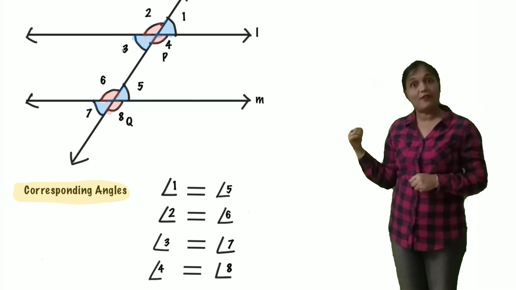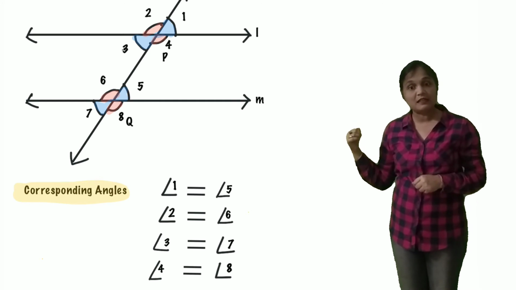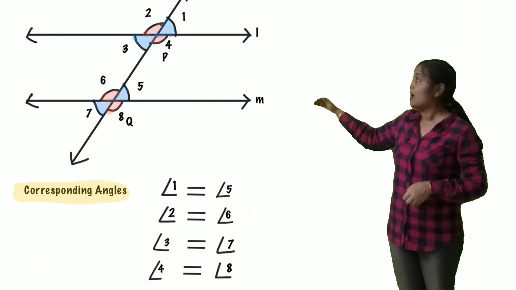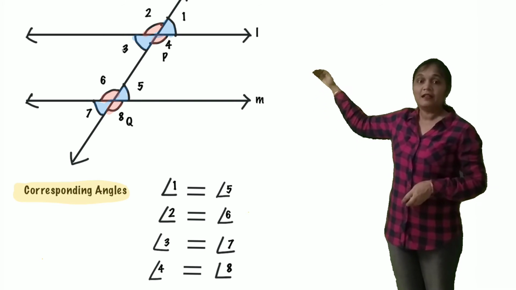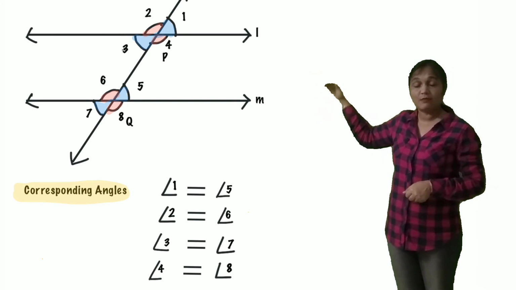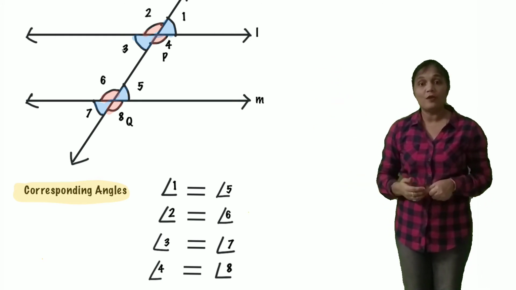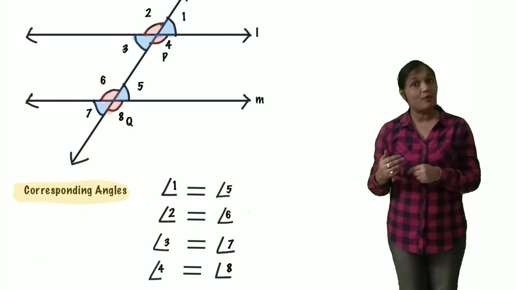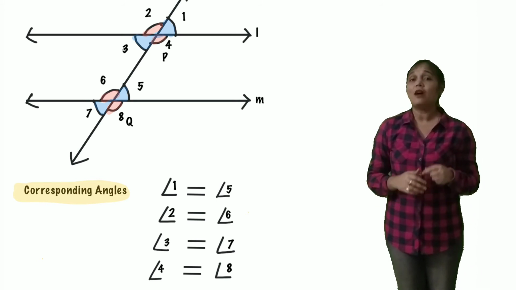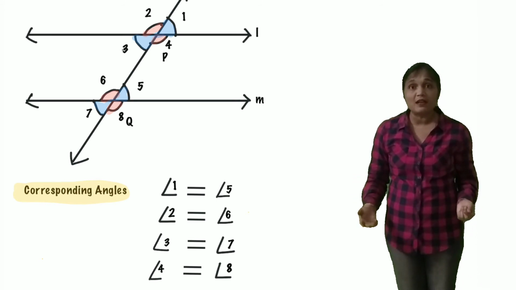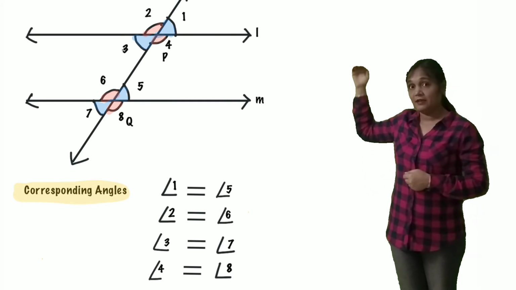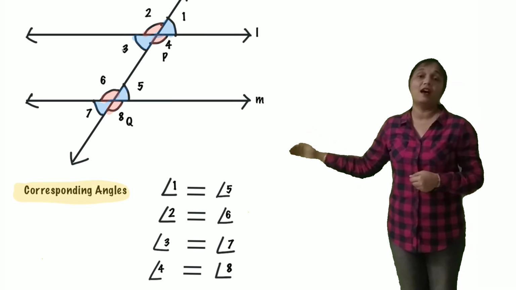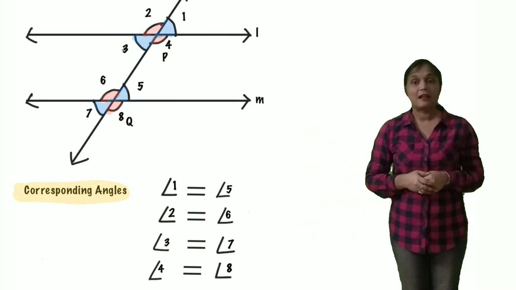So 1 and 5 are corresponding angles. Similarly, angle 2 and angle 6 are corresponding, so 6 minus 2 is 4. 7 minus 3 is 4. And 8 minus 4 is 4. So I just told you a small trick to determine which angles in the figure are corresponding angles.